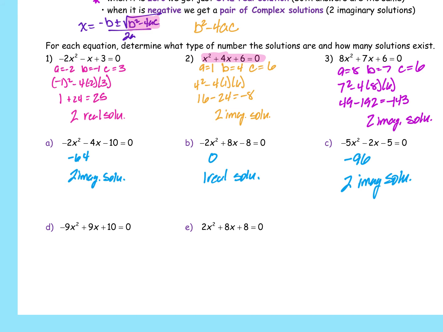And then for D, I think I got 401, and that gives me 2 real solutions. And then for E, I got 0, so that gives me 1 real solution.